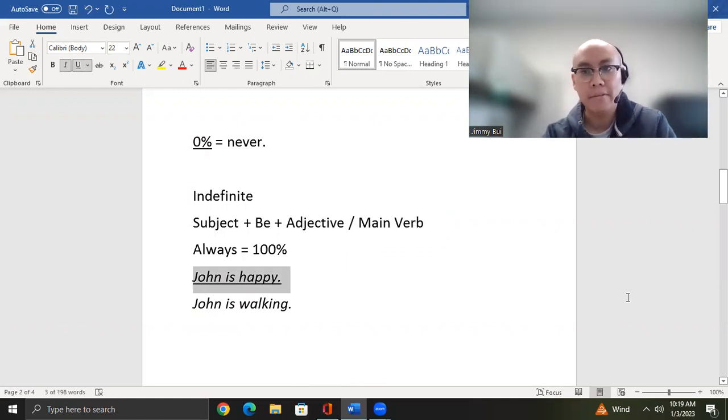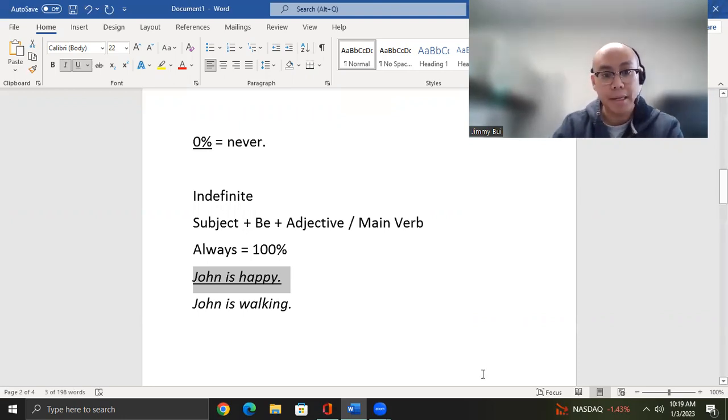I took out the adverb of frequency. This just shows John is happy currently. Of course, that state could end. Again, adverbs of frequency are going to show how often John is happy, or what we think as far as how frequently.